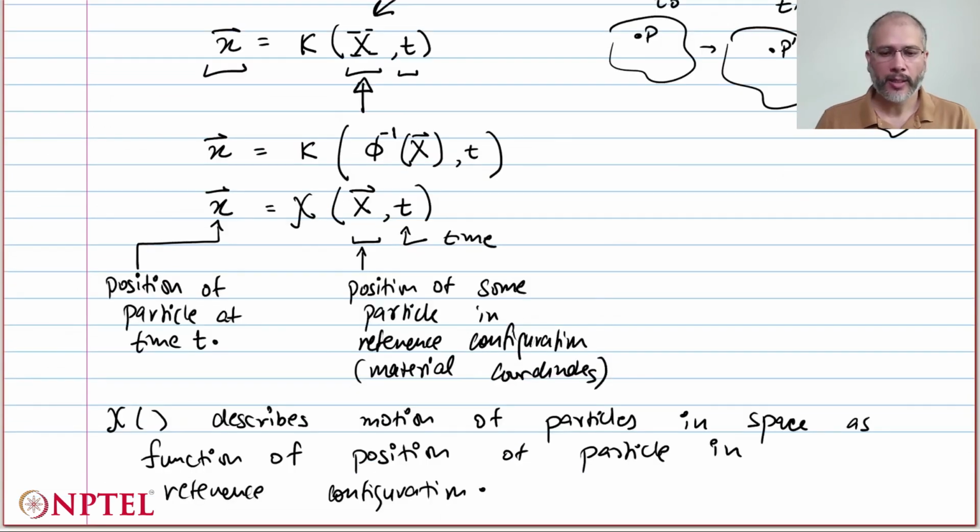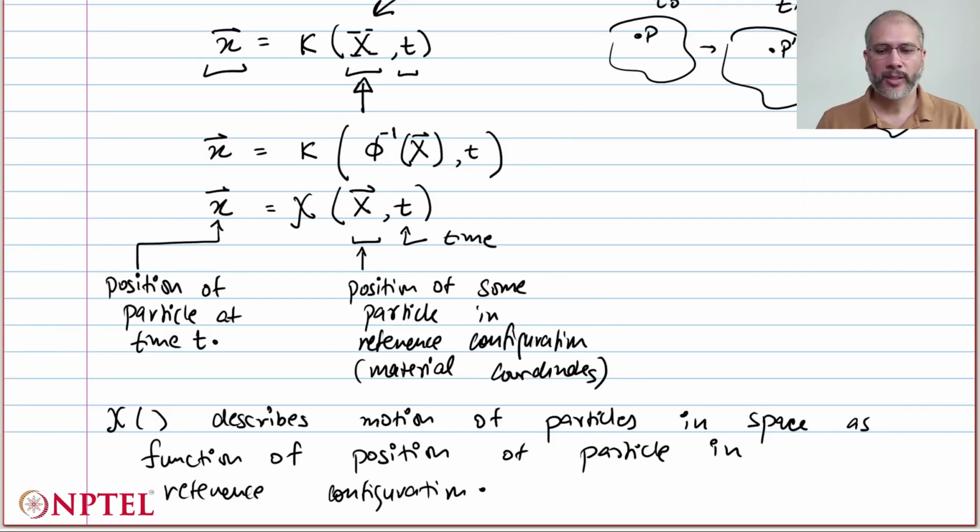So the function chi describes the motion of particles in space as a function of the position of particle in its reference configuration. And remember, the reference configuration or the material coordinates simply are labels or identification for some point. Again, with the same analogy as we just discussed earlier, if I say that find the current seat number of the student who was sitting on seat 1C on day 1.